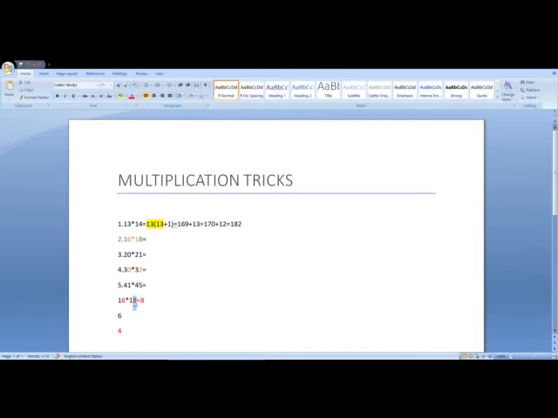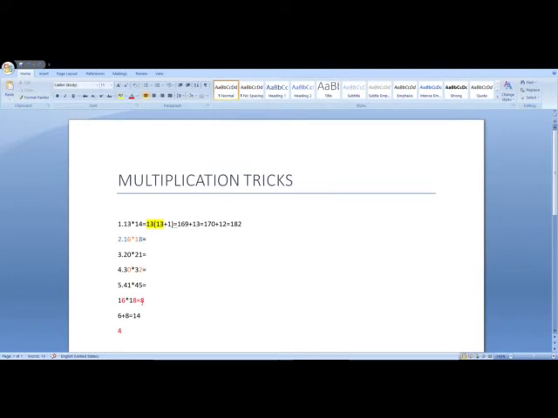What is 8 plus 6? It is 14. How do we get it? Simple: 6 plus 4 is 10, remaining 4, so 14.